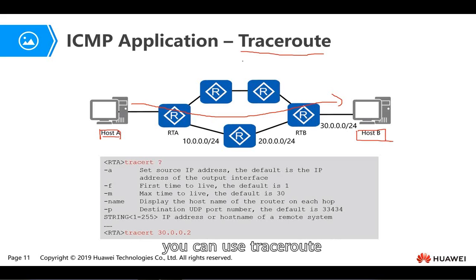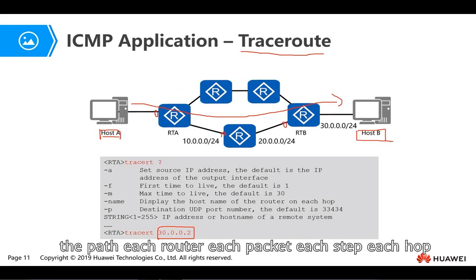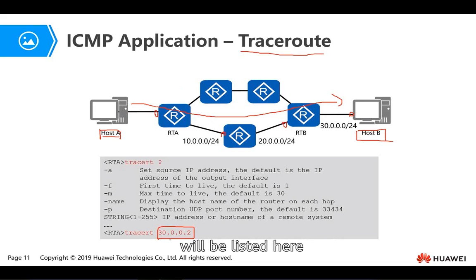You can use trace route followed by the destination IP address. Then the path, each router, each step, each hop will be listed here.